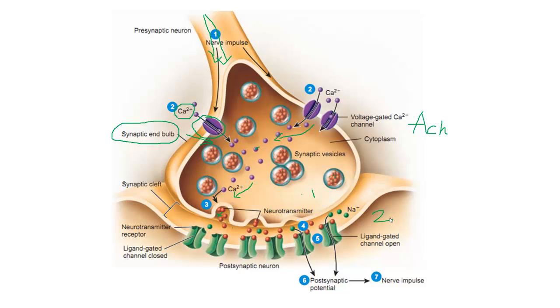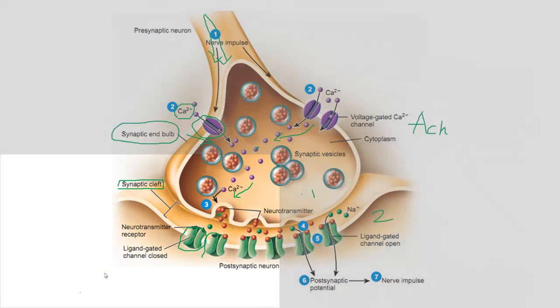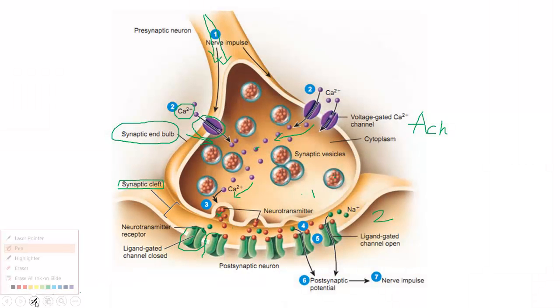Now, as soon as acetylcholine goes into the synaptic cleft, it is going to bind to sodium ion channels. So these green transmembrane proteins here that I'm circling right now, let me go ahead and change the color for the pen so it's not as confusing.